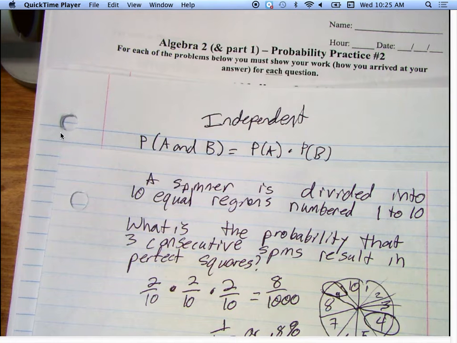Which gives me 8 over 1,000, or 1 over 125, which is 0.8%. Does that make sense? All we're doing is multiplying. 8 over 1,000, so you have to multiply the bottoms too. Gives me 1 over 125. 10 times 10 is 100, times 10 is 1,000. Right?